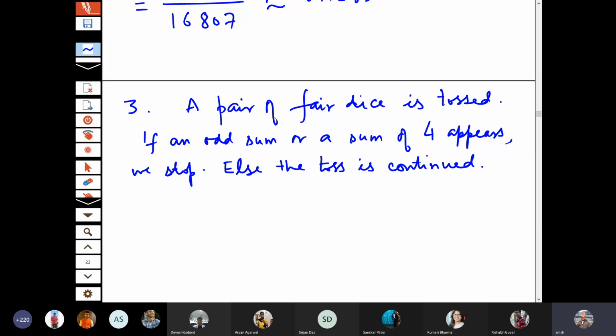So what is the probability that 4 appears?